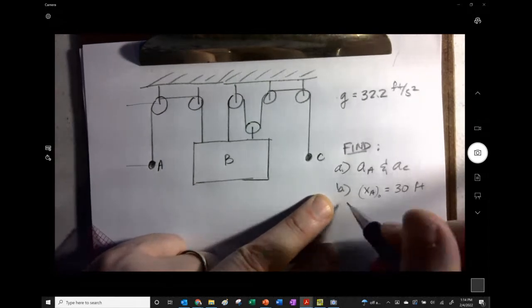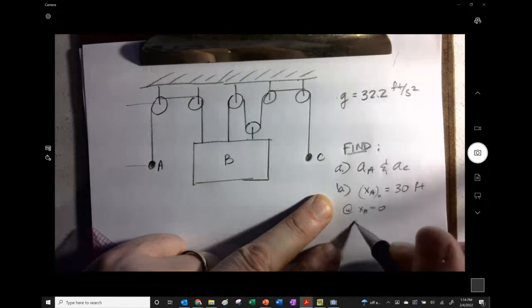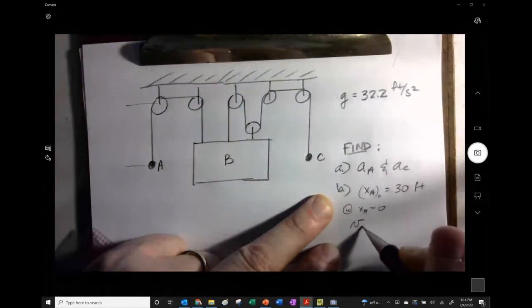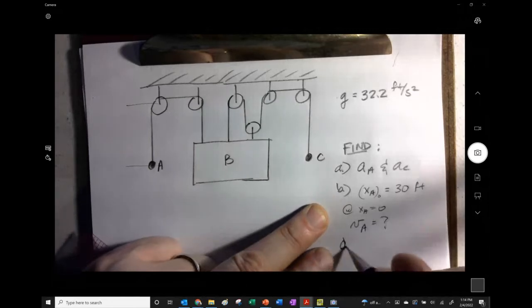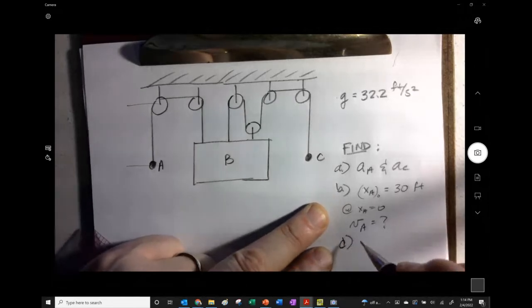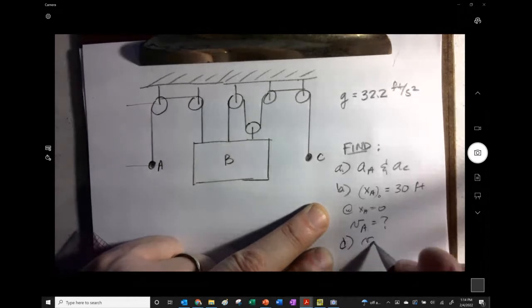So at XA equals 0, we want to find the velocity of A, and then C, which I started to make into a D. What is the relative velocity of C with respect to B at t equals 1 second?